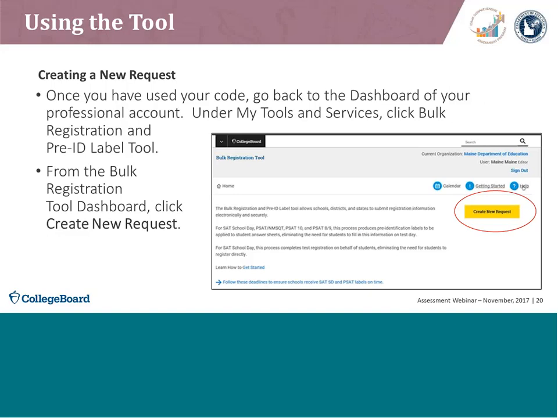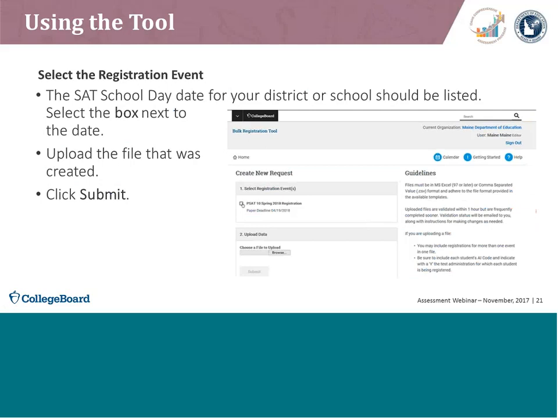To start your new request, you're going to click Create New Request. When you create a new request, what you will do is come into the request screen, and you are going to see, in this case it says PSAT, but what you will see is SAT Spring 2018 registration. It'll say April registration.